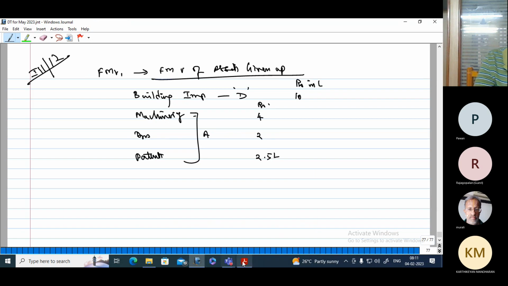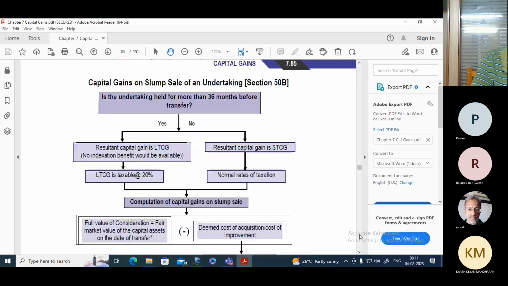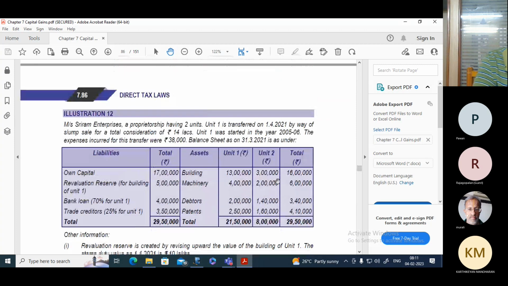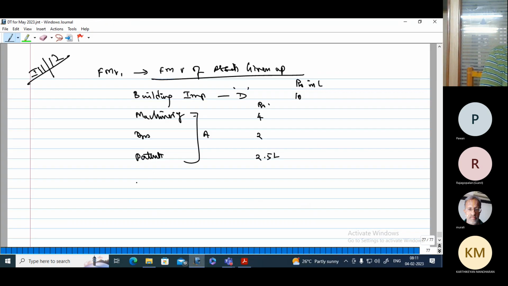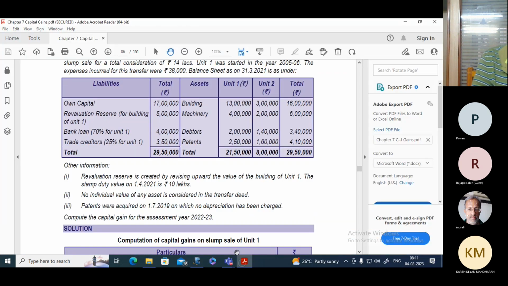So here what is it that you have? Bank loan and trade creditors have got to be taken up. L: bank loan, trade creditors. 70%.